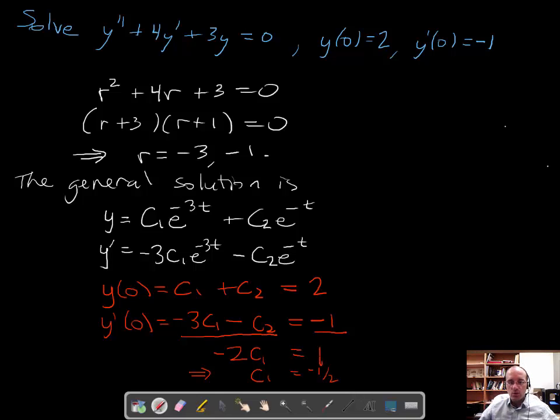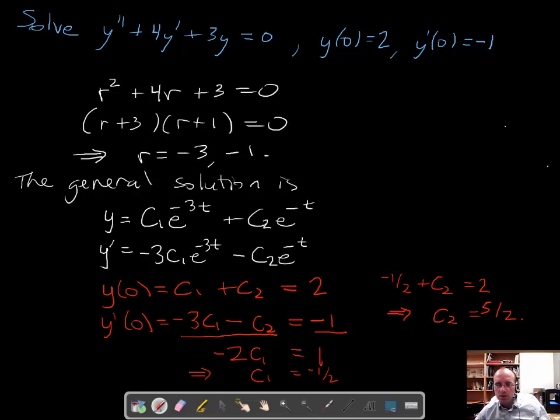Now that c1 equals negative 1/2, we can plug that in up here in this equation. So negative 1/2 plus c2 should equal 2, and that will lead us to the conclusion that c2 is 5/2.